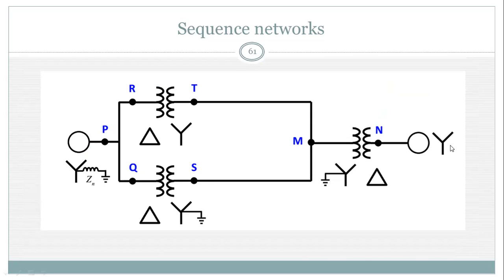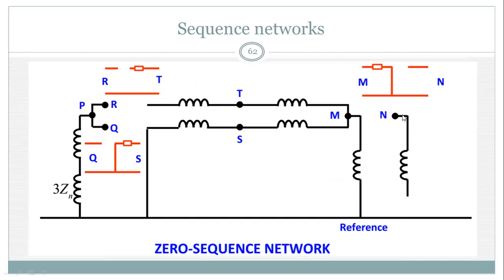This is Y connected, and Y is not grounded. So there should be a single impedance, the zero sequence impedance, and it is not connected to ground because Y is not connected to ground. So this is the zero sequence network.